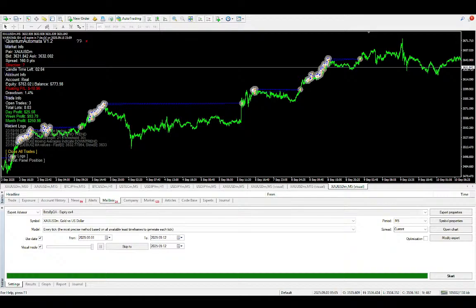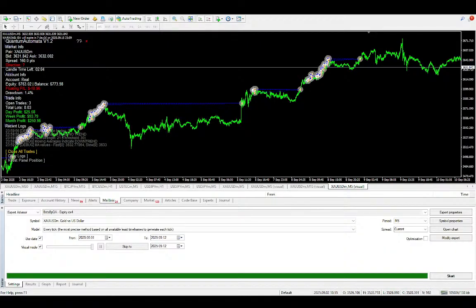And also we've modified some of the logging of the activities, and this is MT4 by the way, and this is just for the product demonstration. So we've also upgraded some of the login settings in the bot. Basically it's everything that you have: the candle time, the account info, the open trades, trade lot size.